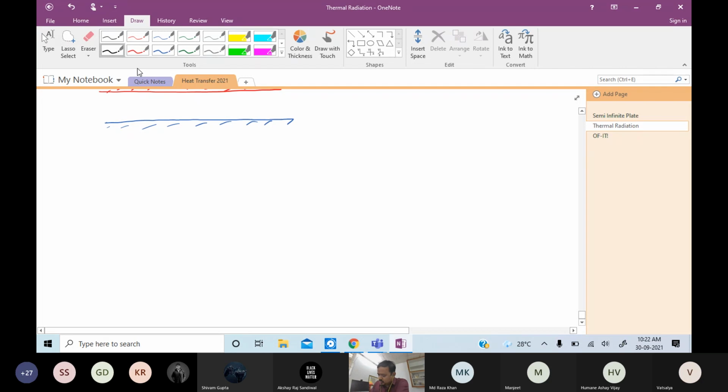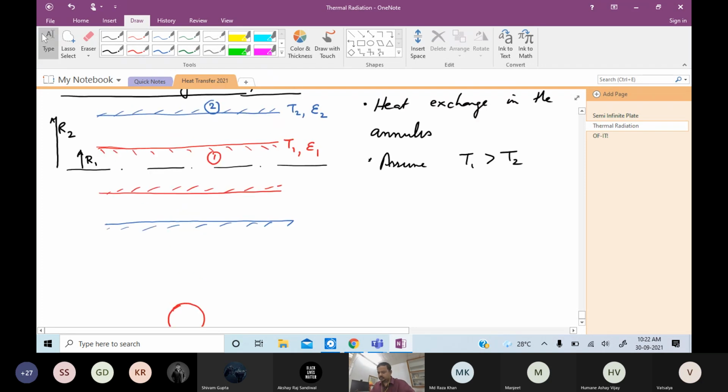So let us see what we want to do. Let us calculate Q1 prime and Q2 prime, that is per unit length. Okay, so let us do that.